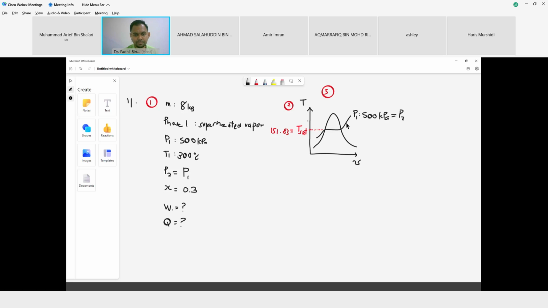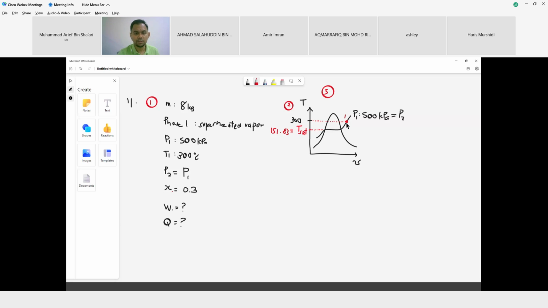So the given temperature T1, the initial temperature, is 300 degrees C, and the phase is superheated vapor. Of course 300 is larger than 151.83. So we can determine the location and plot state number 1. So here is state 1. Next, for state number 2, we have x equal to 0.3.